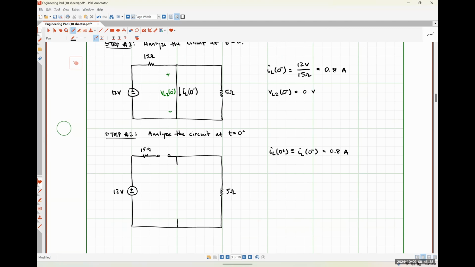So now I'm going to talk about what I'm going to do with these inductors. This is where it's making me a little nervous about finding just that particular inductor voltage. We know that at exactly t equals 0 plus, and that's the only point in time we're currently interested in, our inductor current has a value of 0.8 amps, and the voltage drop across the inductor can be literally whatever it needs to be. So I'm going to choose to represent my inductors in this case by a current source.